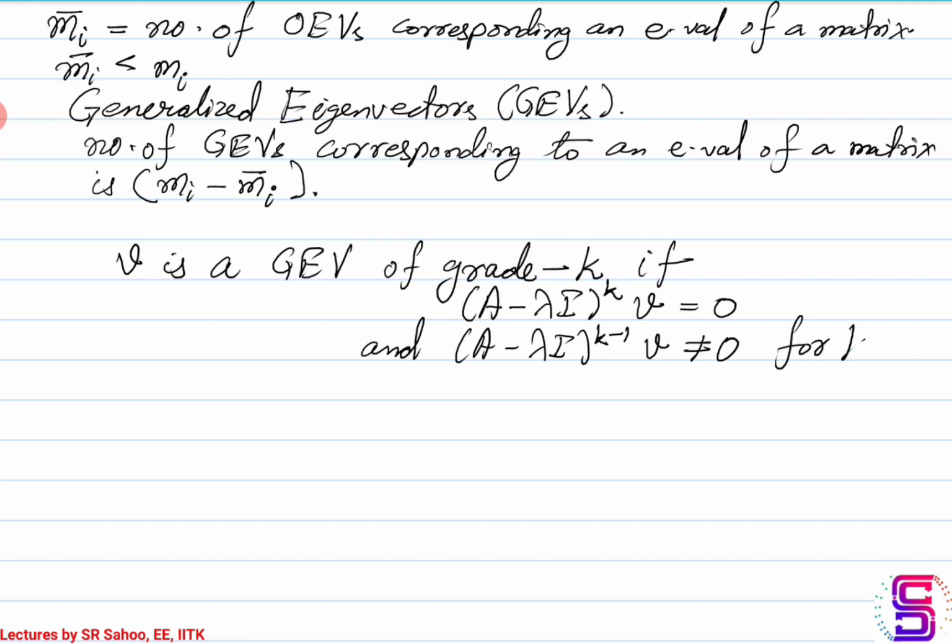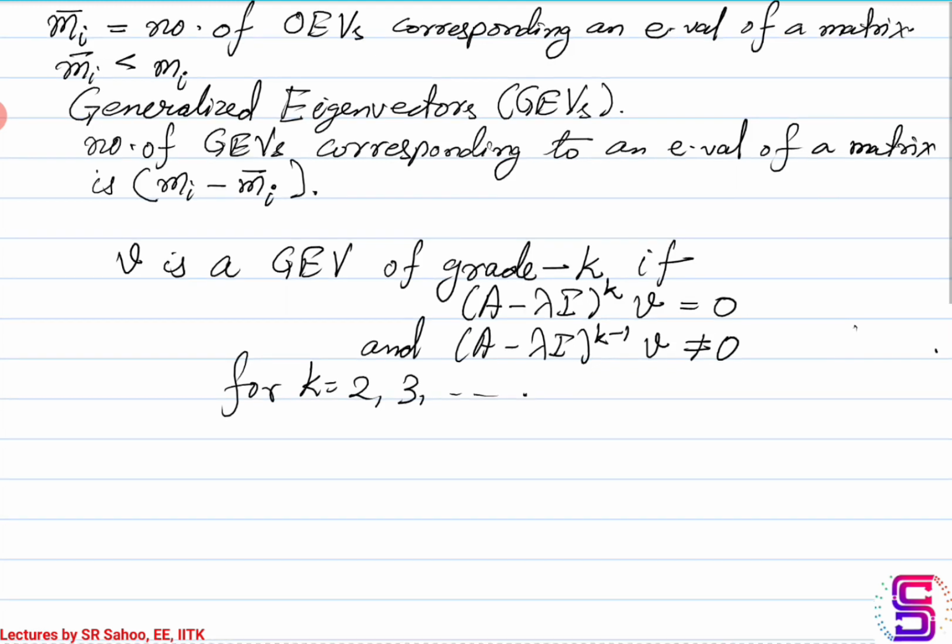This is for k equal to 2, 3 and so on. How far you go depends on the difference between the algebraic multiplicity and the geometric multiplicity of the eigenvalue under consideration.